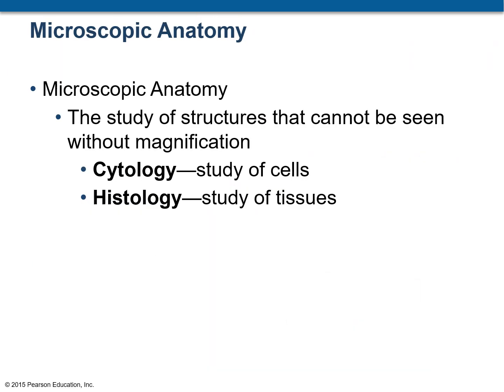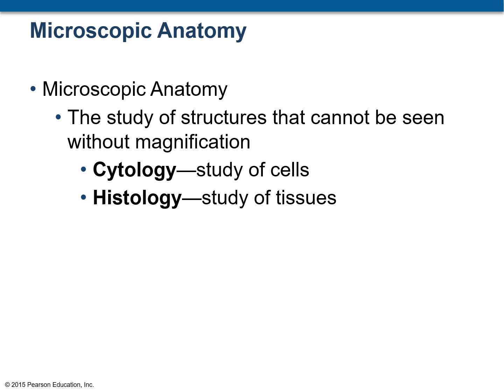Now, to say this in a more scientific manner, microscopic anatomy can be defined as the study of structures that cannot be seen with your naked eye, that means with your unaided eye. So you need some kind of magnification in order to see these structures that are really, really tiny. Microscopic anatomy can further be subdivided into cytology and histology.